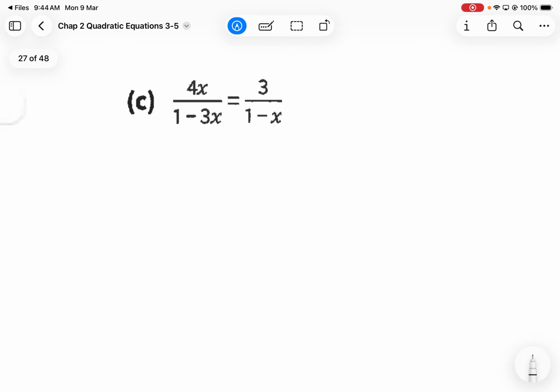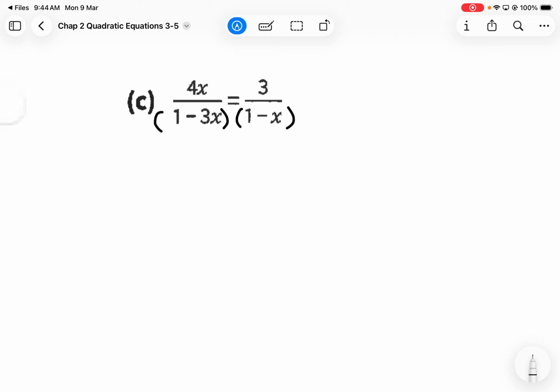With more than one term, the number one thing I need to do is bracket. Bracket, because they belong together. So I must bracket them together first. 1 minus x, bracket together. 1 minus 3x, bracket together.